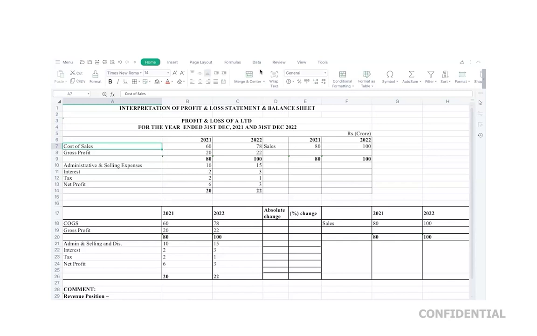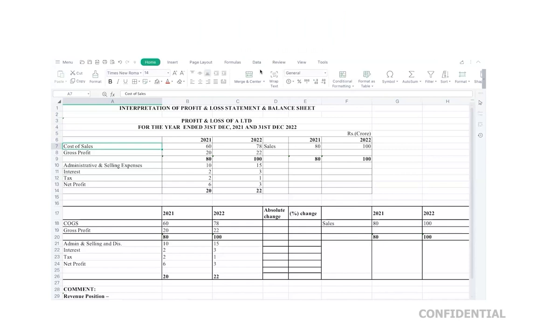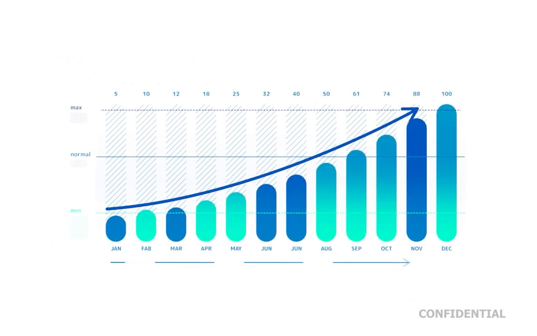After deducting the cost of sales from the sales or revenue, you get the gross profit, which is a top line profit of the company, and it is also increasing from 20 to 22 crore.